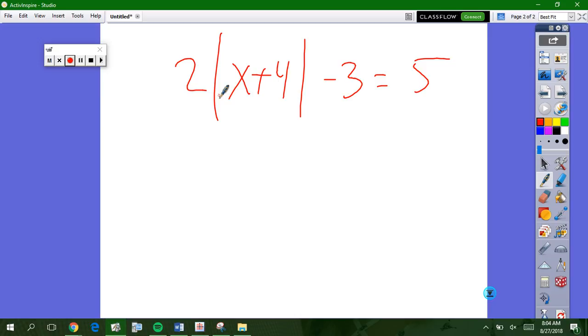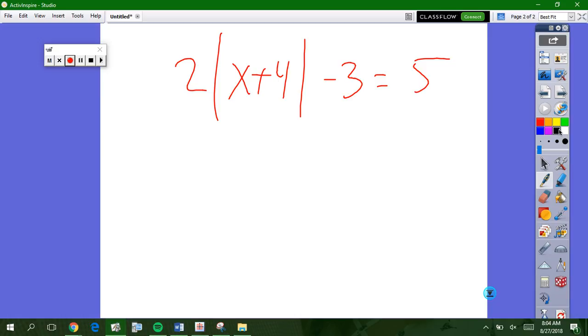So if you'll notice, this has items outside the absolute value. So my goal here is to get the absolute value by itself first. And then after that, then I can actually work on the absolute value. What's our first process to get the absolute value by itself?